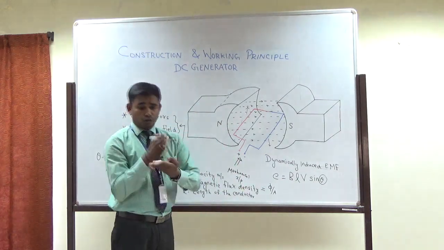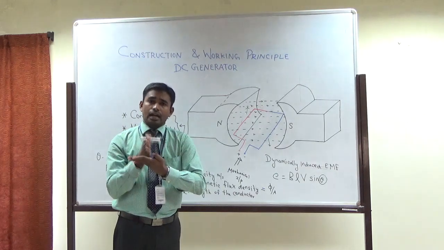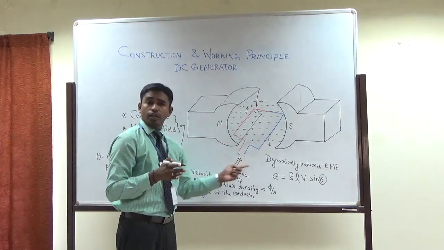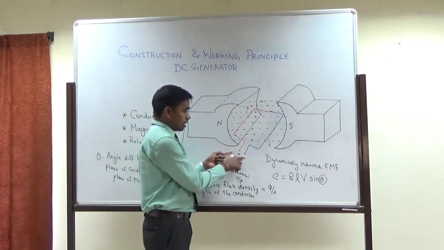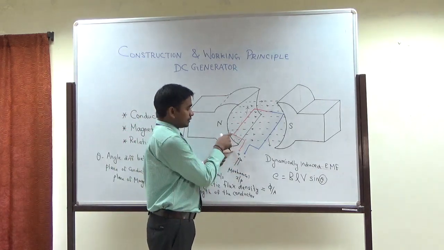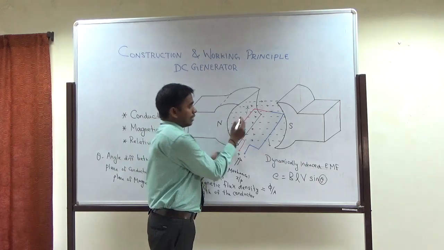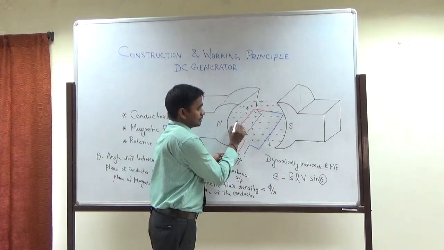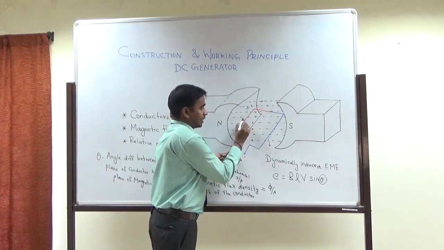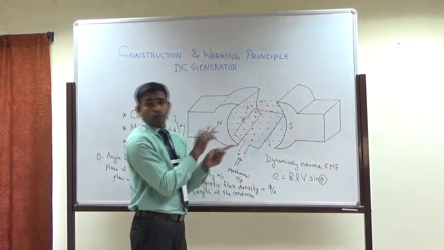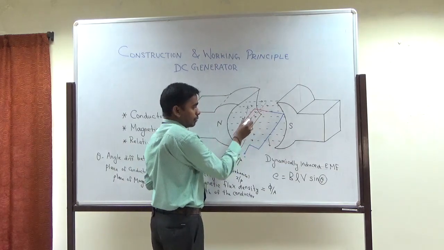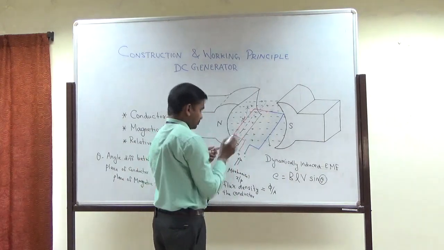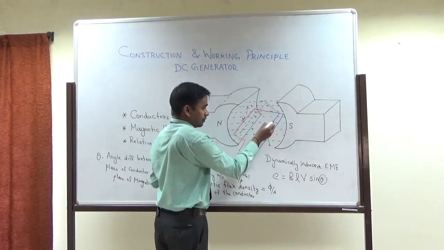Now you cannot keep this angle at a constant value, because the angle keeps on varying. At a particular position, this is the plane of conductor axis, this is your magnetic flux axis, and now it is 90 degrees. After a particular time, your red color conductor will come to this portion, and your blue color conductor will come to this portion.